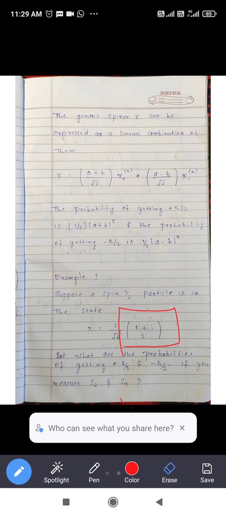Sorry, it is a column matrix. So here the state is in matrix form, 1 over root 6 into (1 plus i, 2).